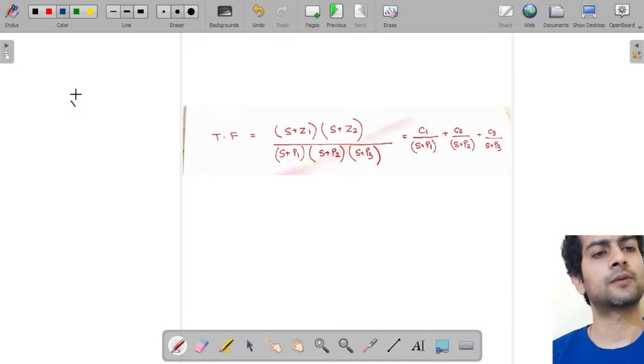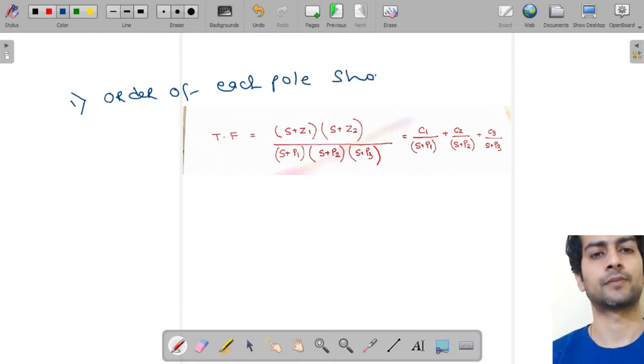The first prerequisite is that the order of each pole should be 1.